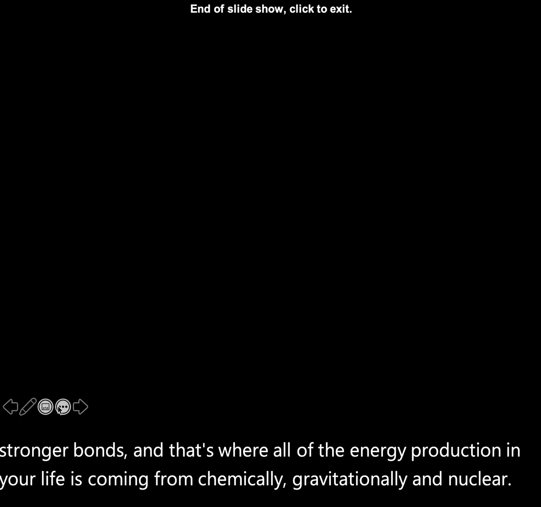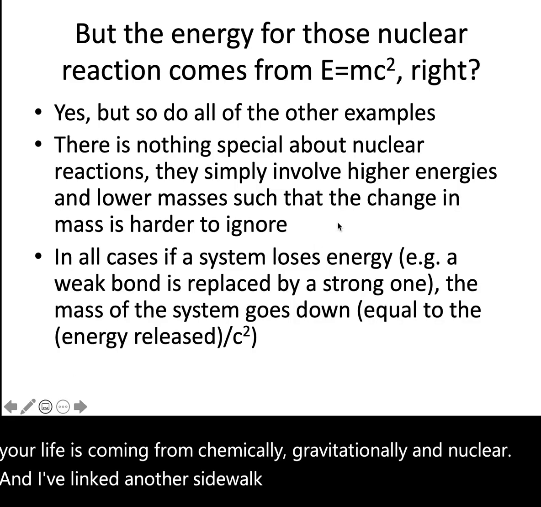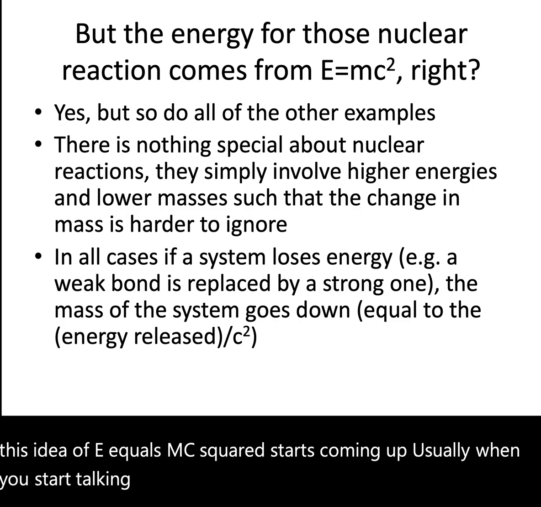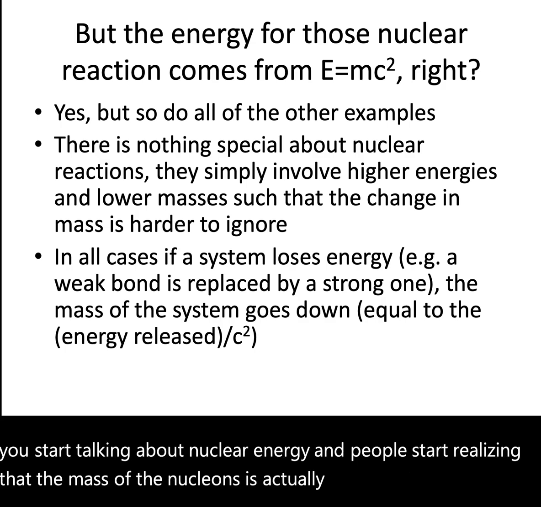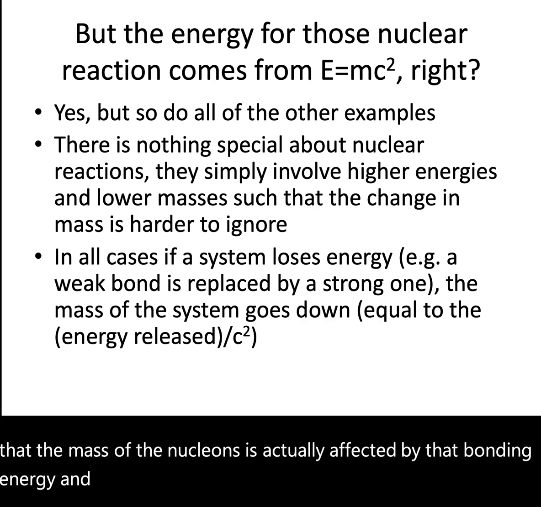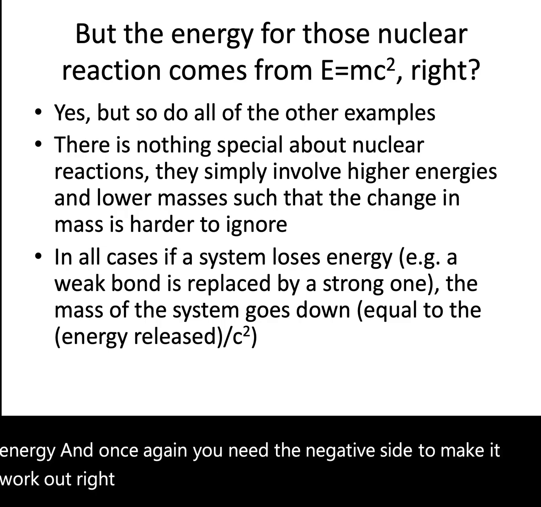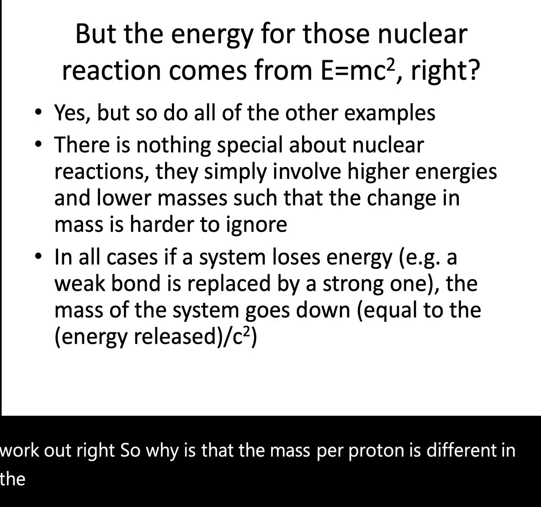I've linked another presentation, so I won't go on about it right now, but this idea of E equals mc squared starts coming up usually when you start talking about nuclear energy and people start realizing that the mass of the nucleons is actually affected by that bonding energy. And once again, you need the negative sign to make it work out, right? So why is it that the mass per proton is different in the different nuclei?